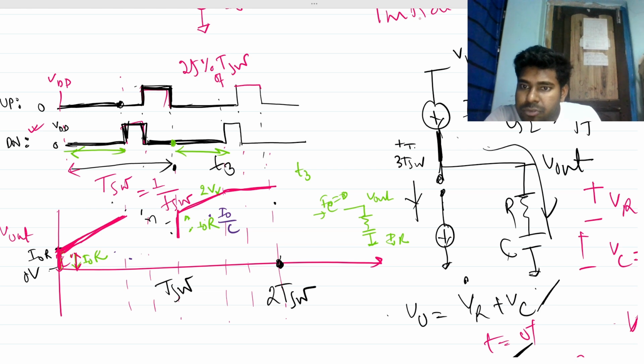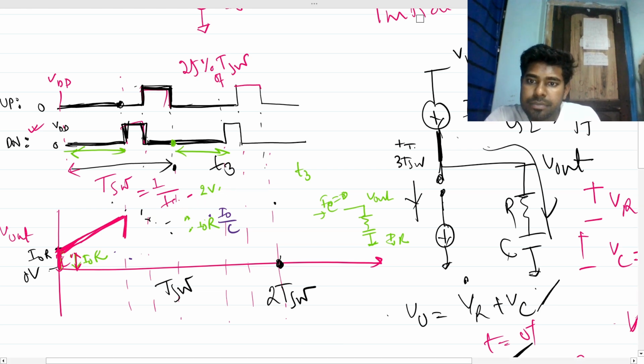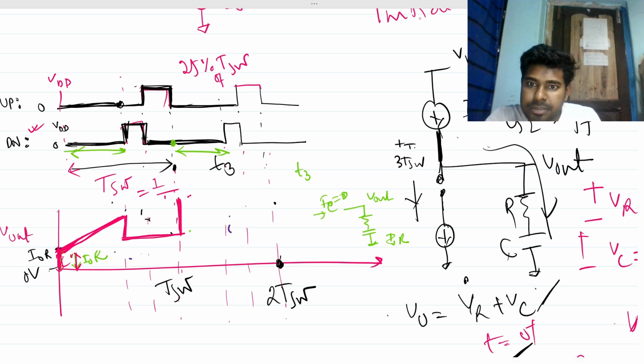So now this much has to be dropped. So this is the drop again. So it will be holding up to that value, up to that time. Then again it will jump up by I naught R, right? So it will be like this.